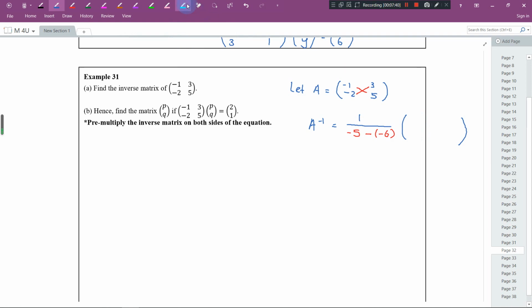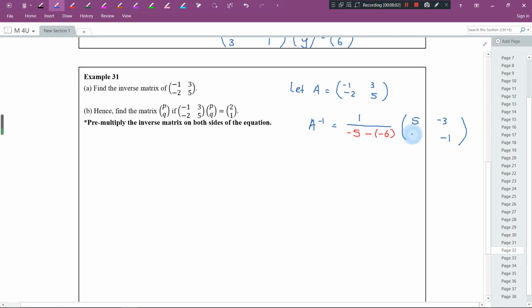Next step, we swap the places of these two elements. 5 goes up, negative 1 goes down. For these two elements, we change their sign. 3 becomes negative 3, and negative 2 becomes positive 2.